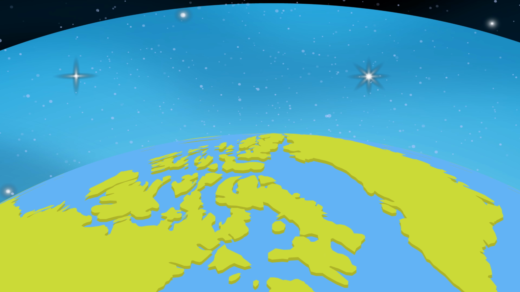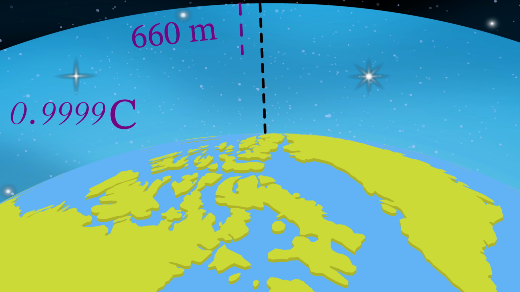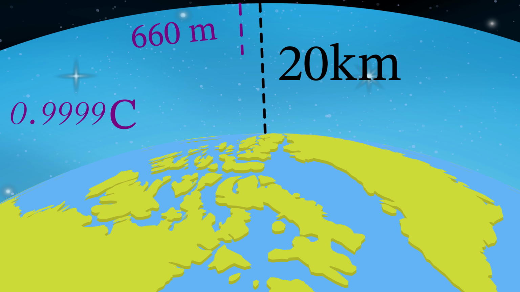Because muons have a lifespan of only 2.2 microseconds before they decay into other subatomic particles. 2.2 microseconds is simply not long enough for them to travel the distance from the upper atmosphere to Earth's surface, even when moving at 99.99% of the speed of light. At that speed, they could only travel about 600 meters. Far short of the 20 kilometers they need to cover to reach Earth's surface.